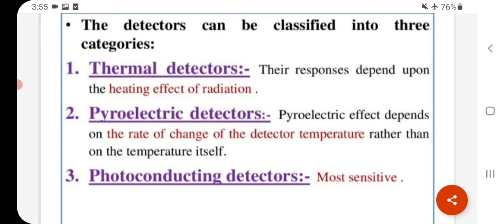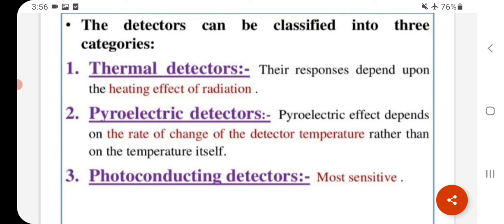Second is pyroelectric detectors. A ferroelectric material produces polarization in it when IR radiation falls on it. This produces an electrical signal which varies with the intensity of IR. These detectors are now more commonly used. The pyroelectric effect depends on the rate of change of detector temperature rather than the temperature itself.